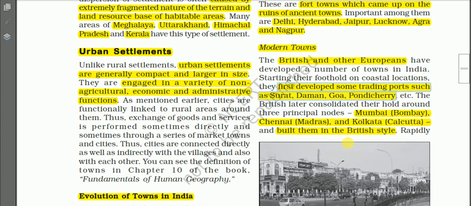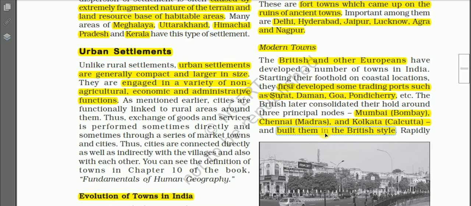After that, they consolidated their empire around three principal centers: Mumbai, known as Bombay, Chennai, known as Madras, and Kolkata, known as Calcutta. Those three towns were built in the British style.